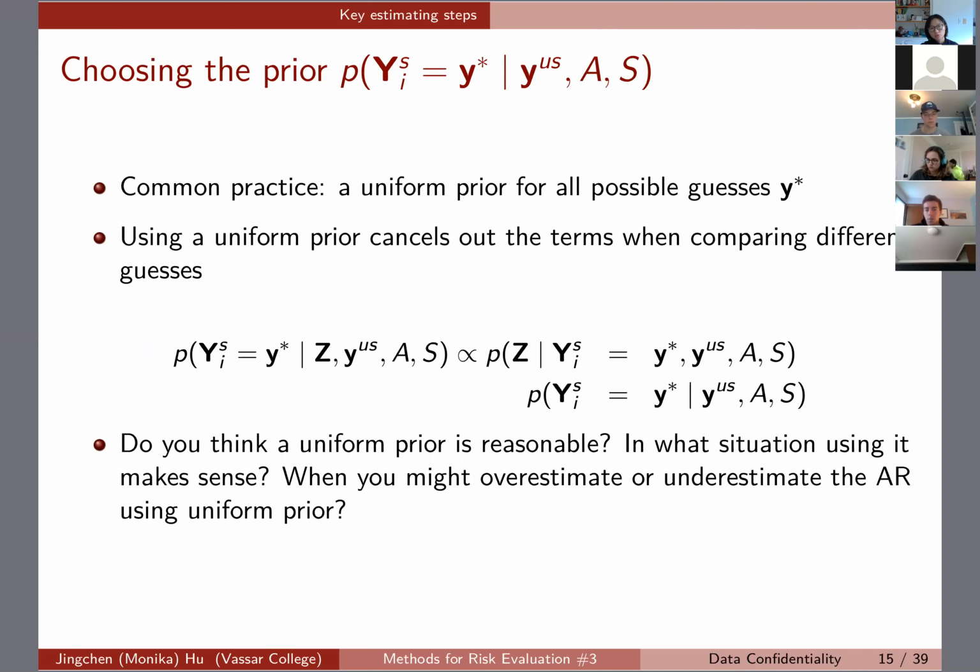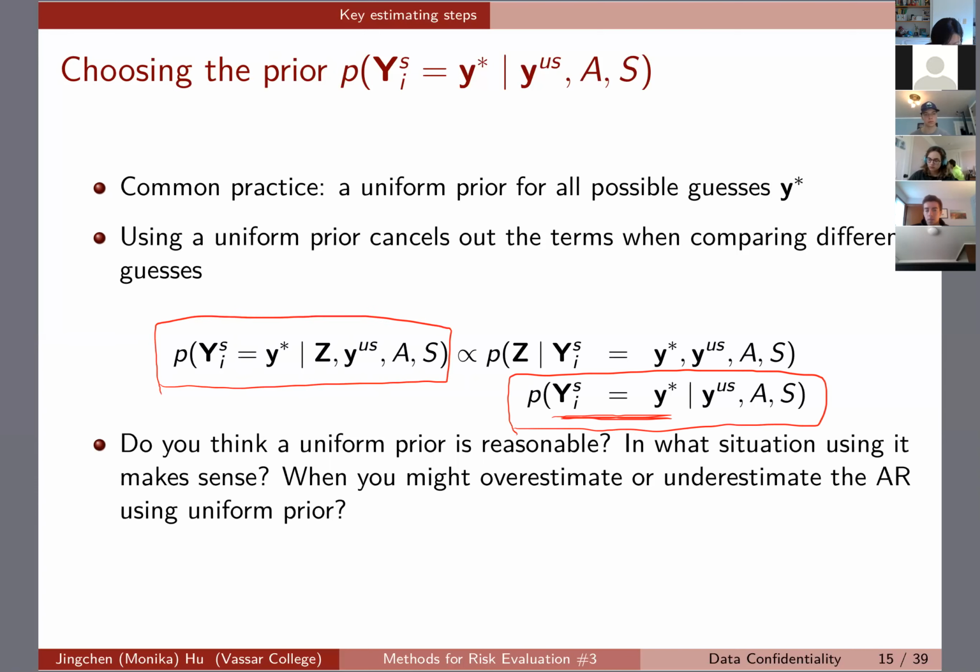The last one is choosing the prior, okay? So the prior is coming from here. You remember, this is the prior. And we call it prior because this is a particular guess, right? This final distribution or probability that we're trying to estimate is the probability of the guess of Y star given the synthetic data and everything else known by the intruder, right?